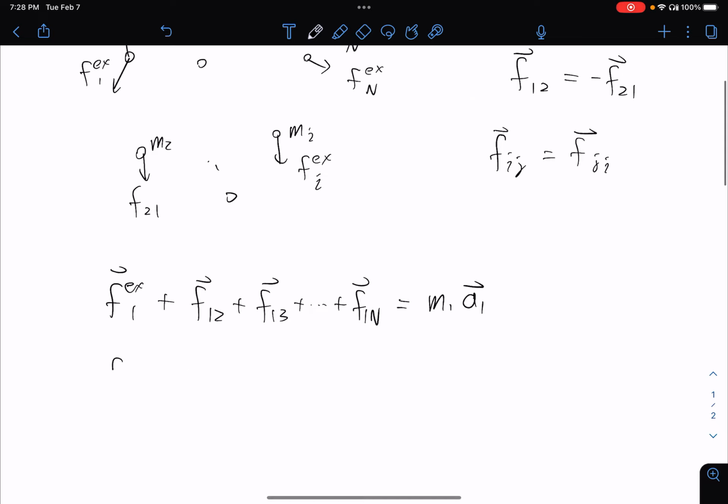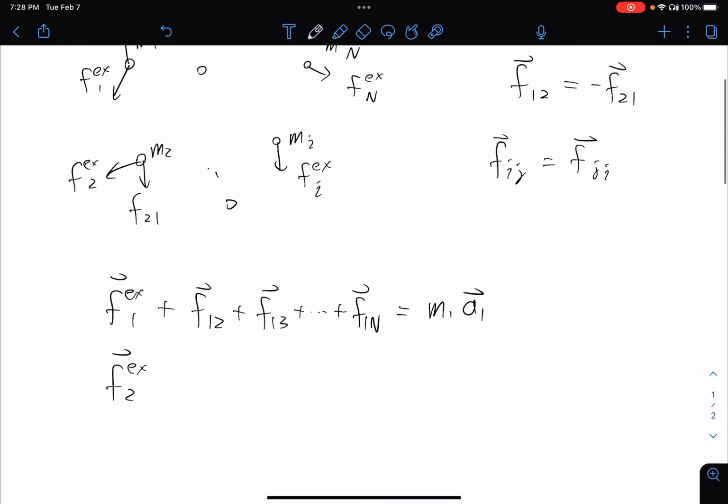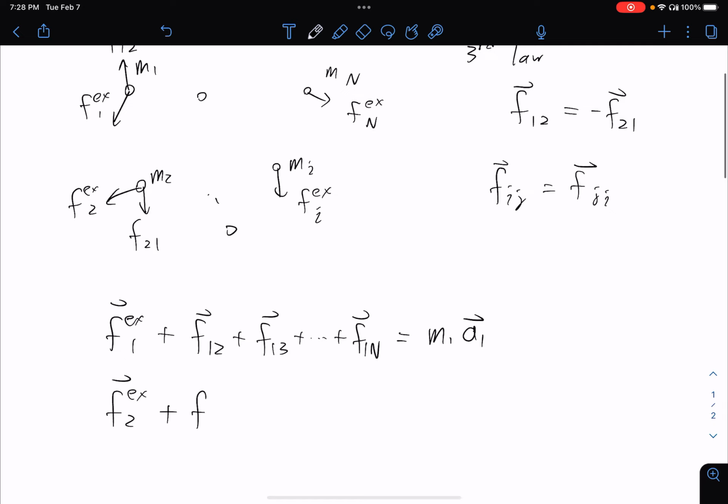And we can write down the same thing for mass point 2. It will have an external force, which is not coming from the other mass points in the system. And there will be mass point 1 acting on it, and mass point 3 acting on it, until mass point n acting with a force on mass point 2.